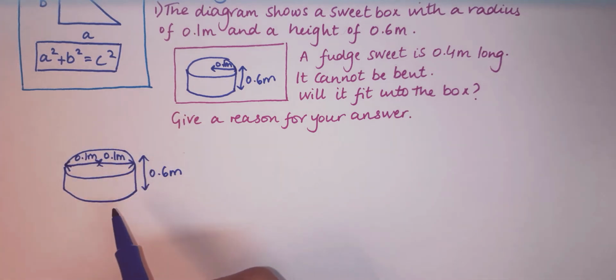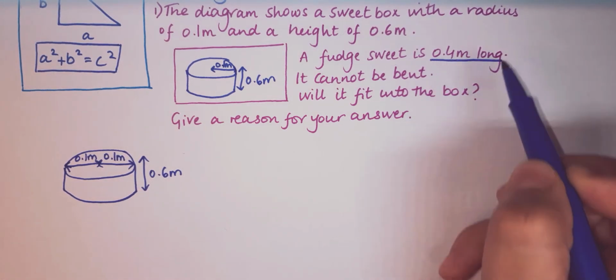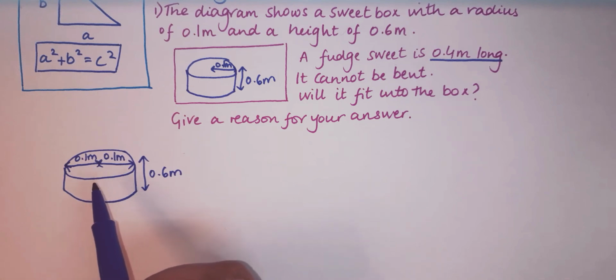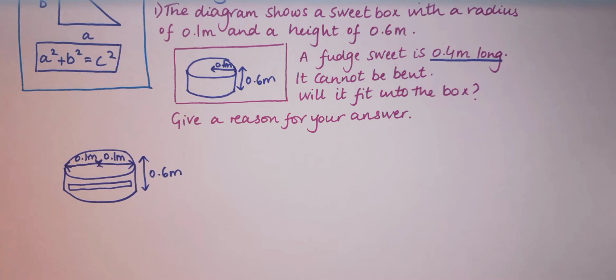So the diameter is 0.2 meters. Now the box is 0.6 meters tall. That means if the diameter is 0.2 meters, we cannot put in this fudge sweet this way, so we're going to have to try another way.